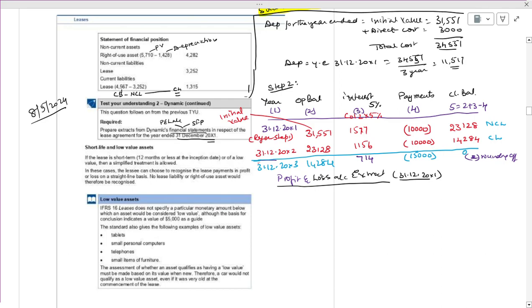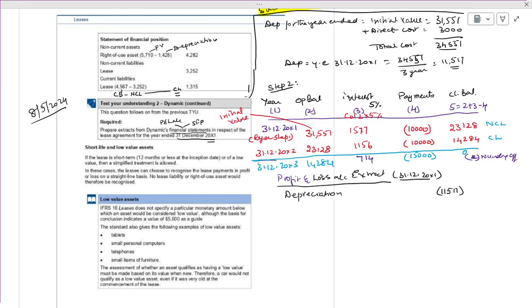Lease. Depreciation. Is it right? Depreciation. Fine. How much is the depreciation we have calculated? 11517. Okay, next, what do we have to show?